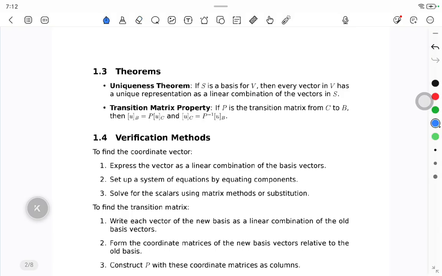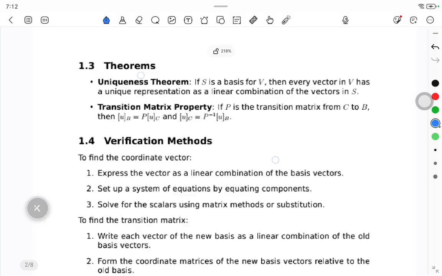Now, also we have the uniqueness theorem, which says that if S is a basis of V, then every vector in V has a unique representation as a linear combination of the vectors in S. So this is what we talk about when we talk about the coordinate vectors.